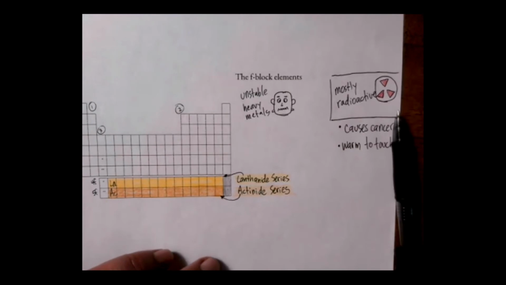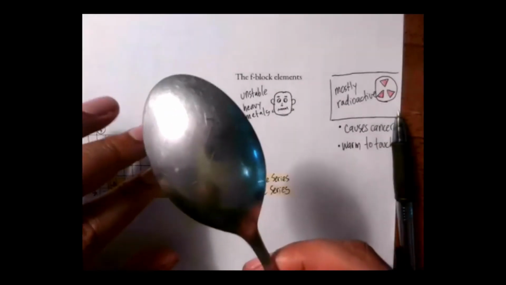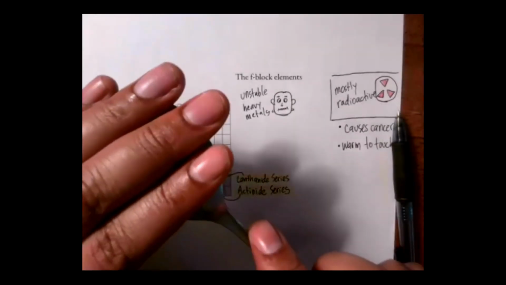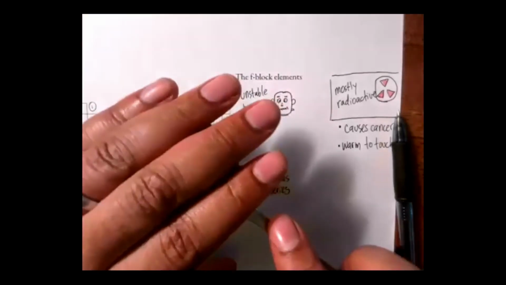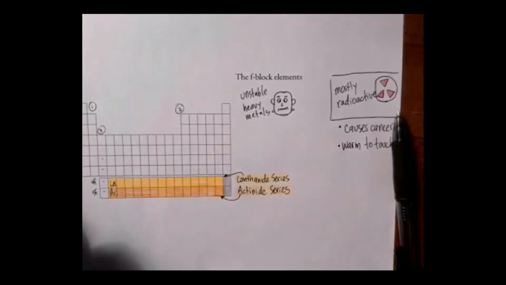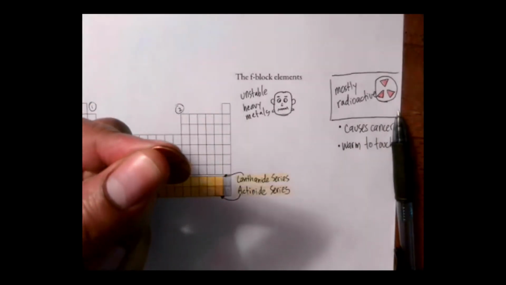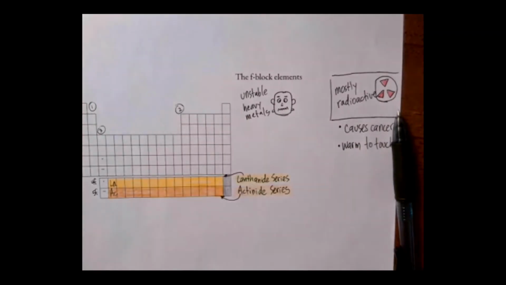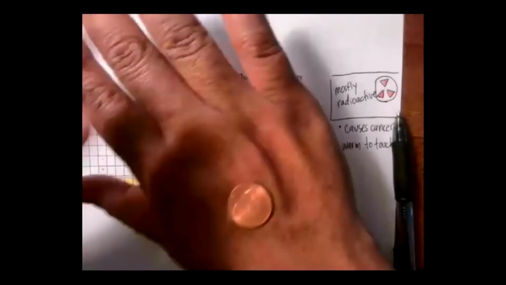Okay, now I'm going to show you this. You see this spoon? If you have a metal spoon and you touch it, it's actually cool to the touch. It's not warm. Most metals are that way. If you get another metal spoon, here I have a metal cup, right? Here I have a coin. All of these metals, when you touch them, actually feel cool to the touch, okay?